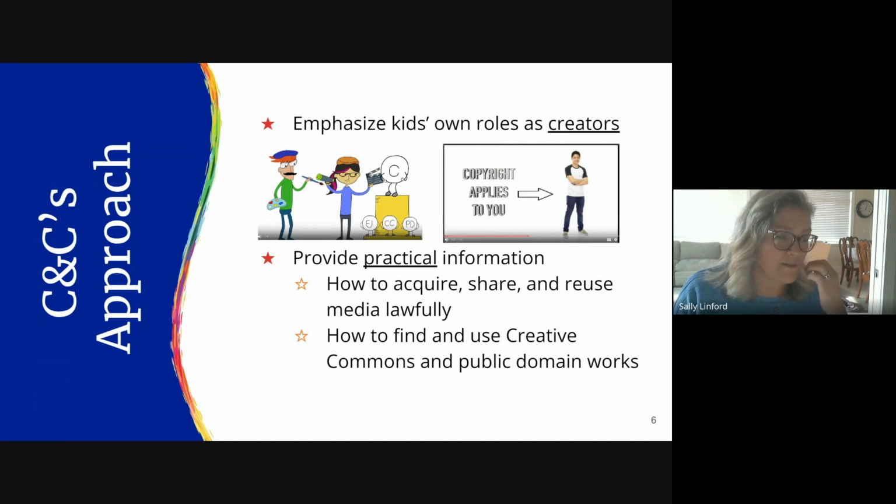And as creators, they get to decide some of these important things, how it's going to be used and shared and reused. We also like to have all of our lessons include practical information like how to share and reuse legally, and also how to find work that is free to use.